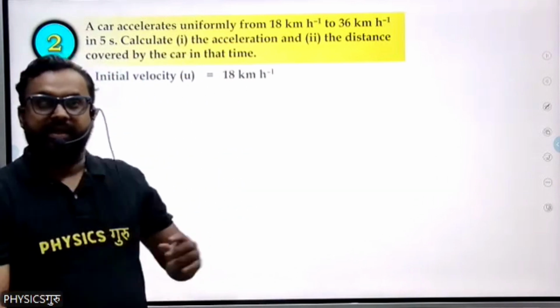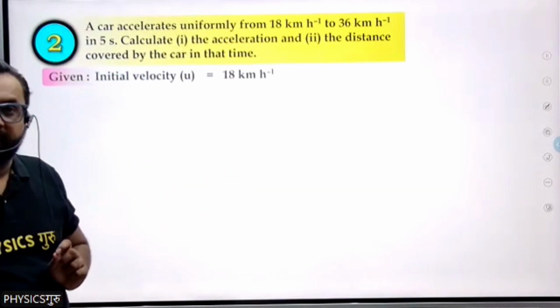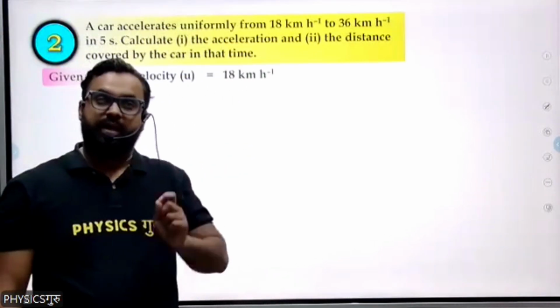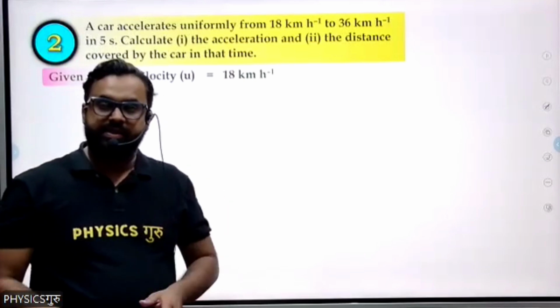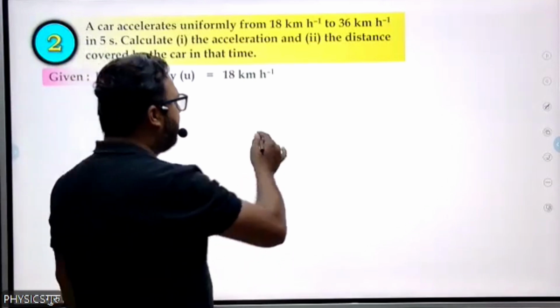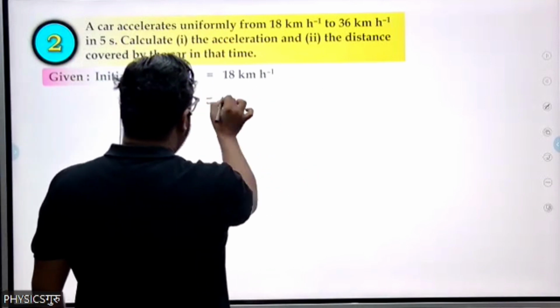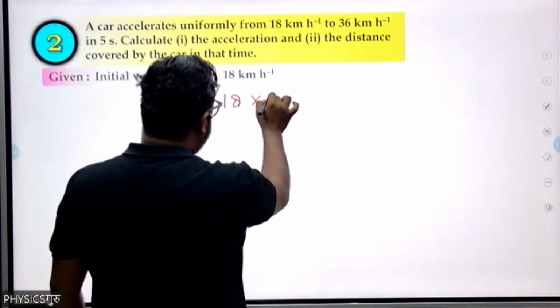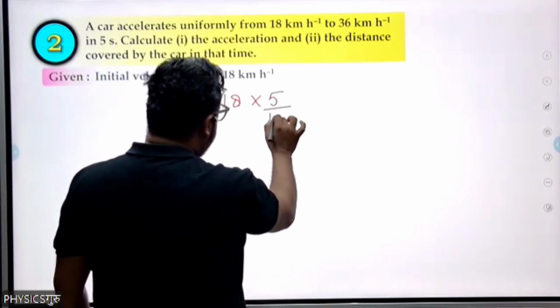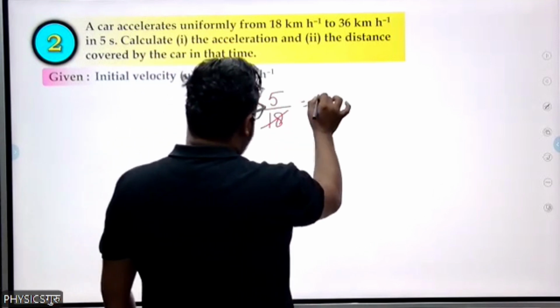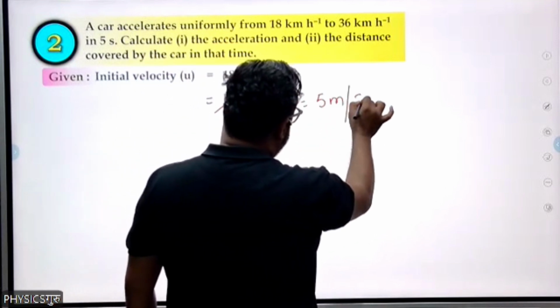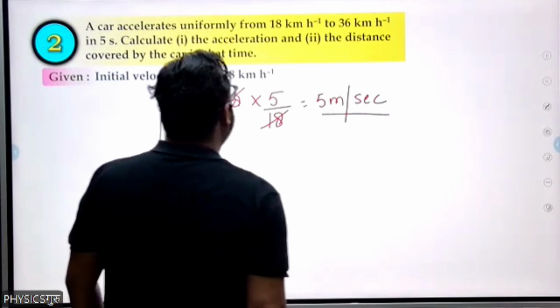Given initial velocity 18 kilometer per hour. Our first target is to convert kilometer per hour into meter per second, so we multiply by 5 over 18. 18 times 5 over 18 is 5 meter per second, the initial velocity.